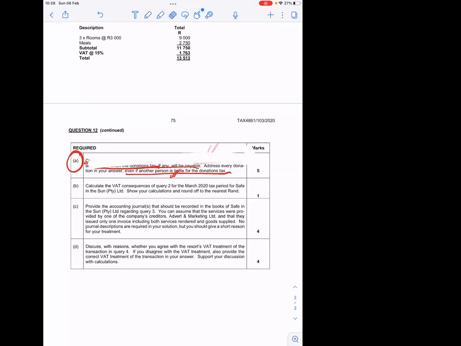So Safe in the Sun will be making donations. But from that statement now, it says that someone might be liable. So under what circumstances can a company make a donation and then someone else becomes liable for donations tax?